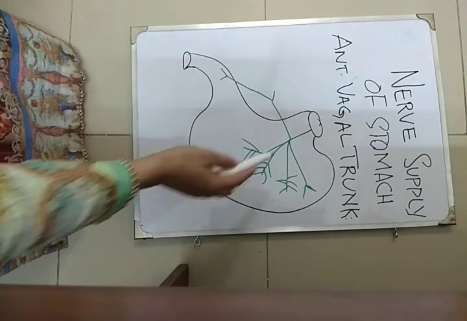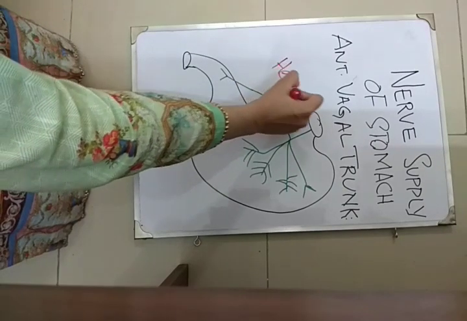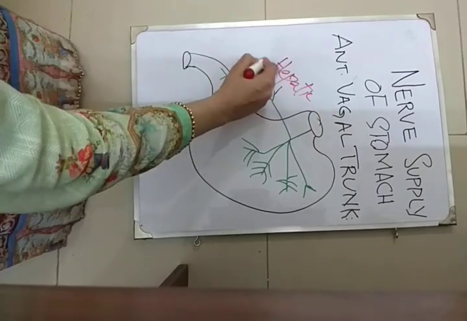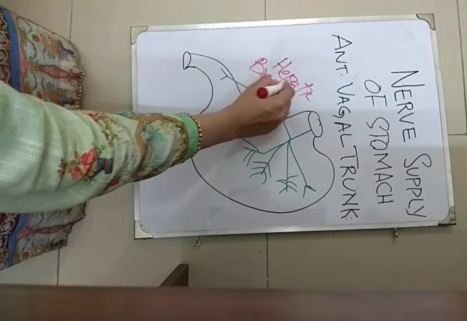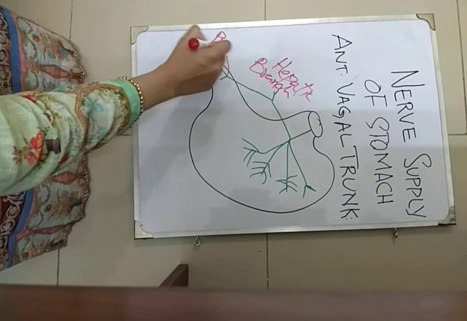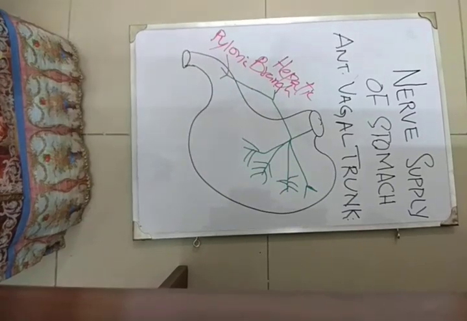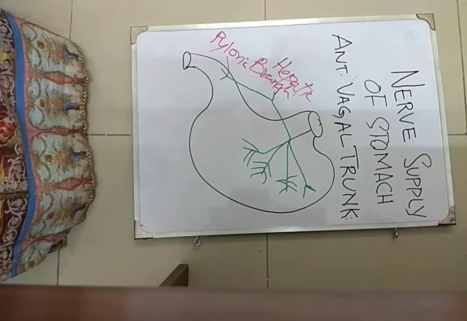It gives the hepatic branch, and from there the pyloric branch, which supplies the pylorus, and the hepatic branch goes to the liver.